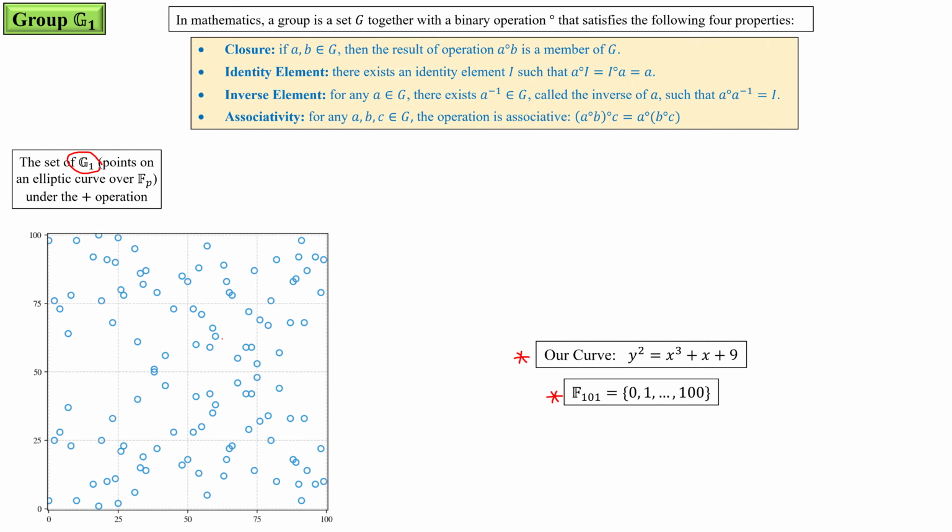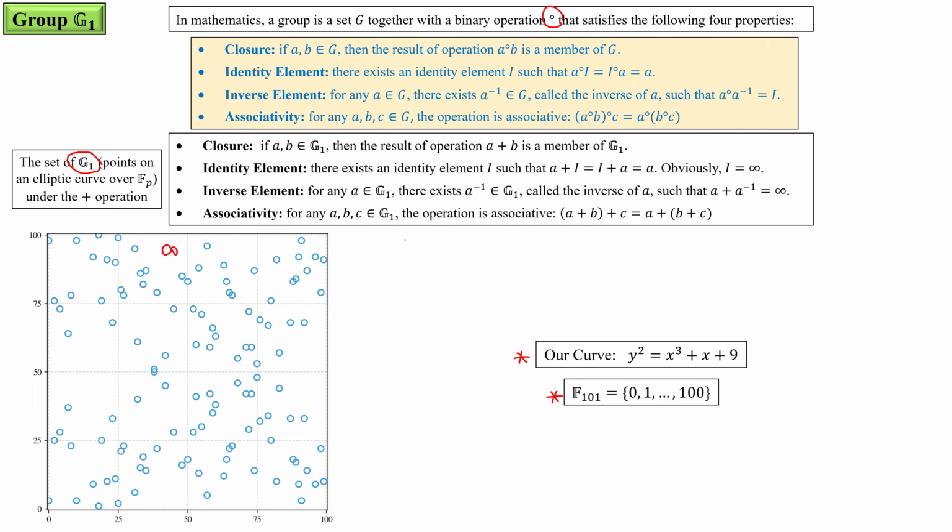This is the set of elements, and we also have a point at infinity, and we want to see whether this is a group or not. The operation here is addition, because we already discussed addition between 2 points, or between 2 elements of such a group. So let's see if G1 with the addition operation is a group or not.